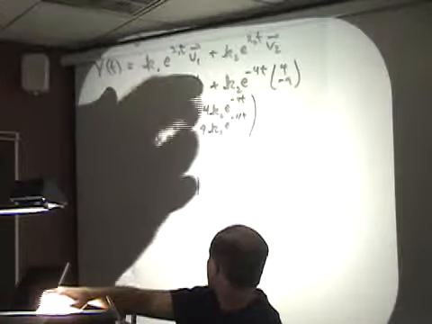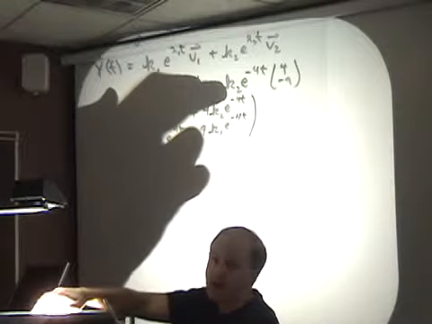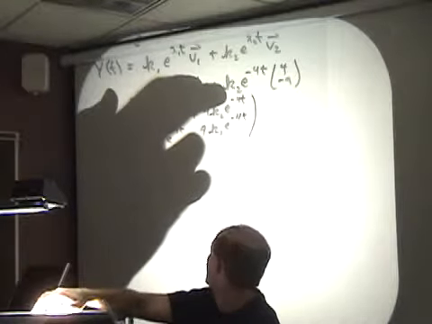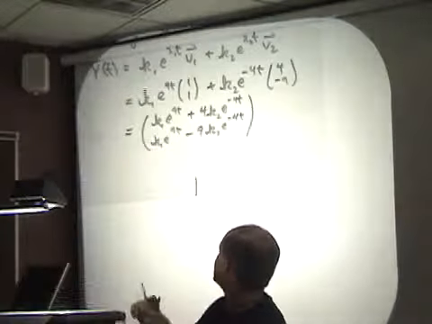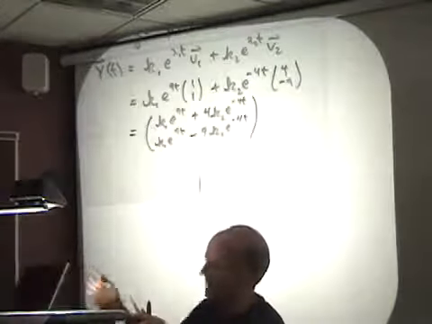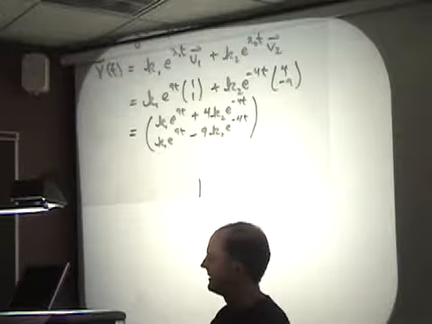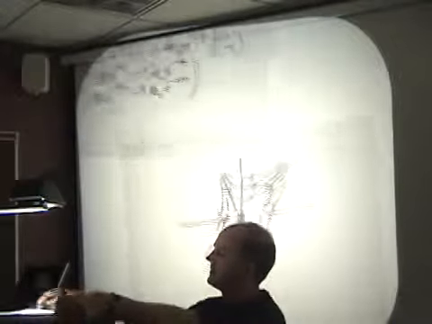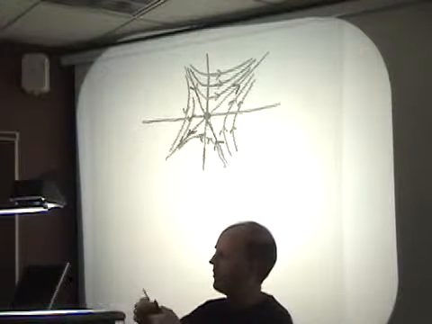So your solution will look like that, and it'll stay on that line with slope negative 9/4 as t goes to infinity and go toward the origin, because this term will go away because the k1 is 0. So that's an example of a saddle point.